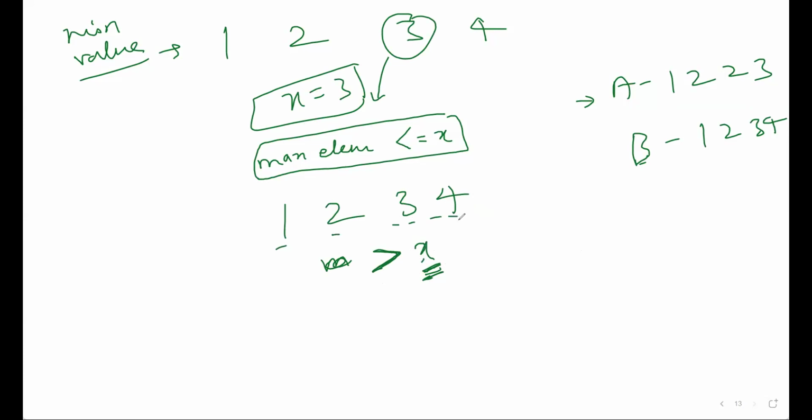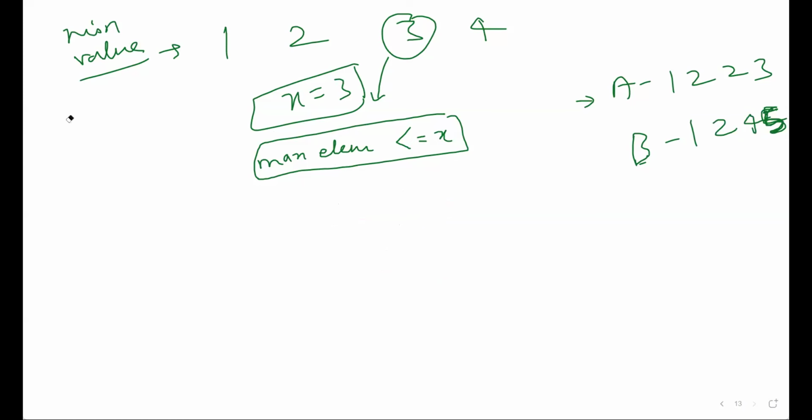In brute force, I have to go through all the elements. If I make some changes, like 1, 2, 4, and 5 is there. If x is 3, I need to change all values beyond this point.